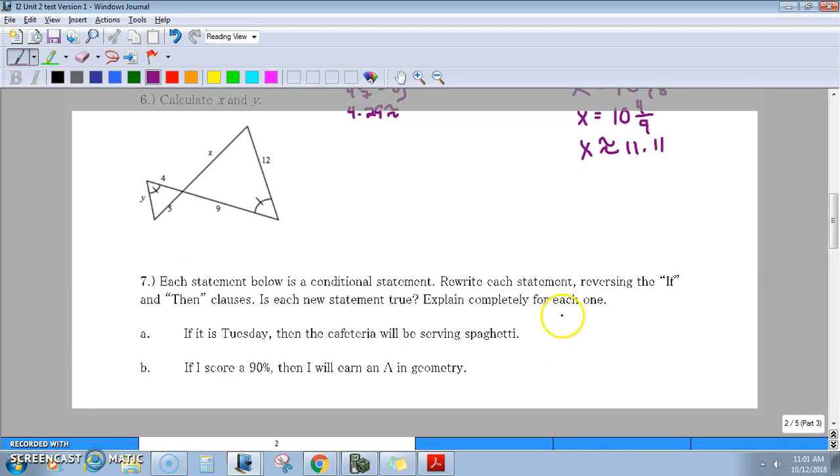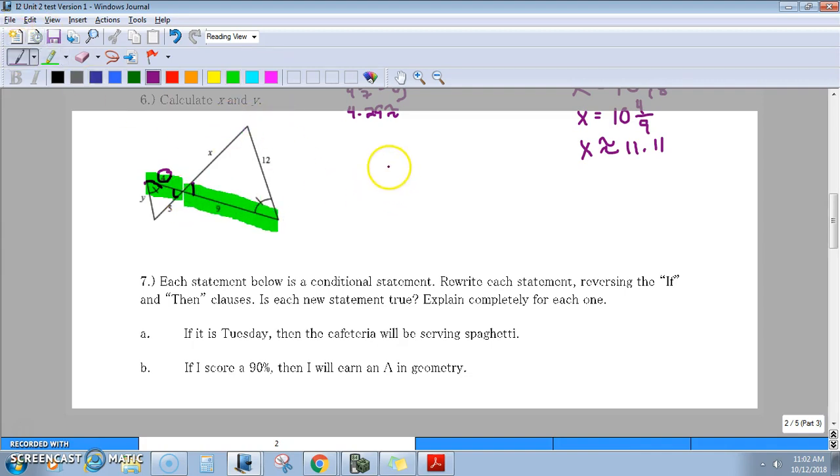All right, for this next one, you just need to be very careful to make sure that you are finding your corresponding sides. Since we have the vertical angles here, these are going to be the same, right? And since 4 is in between those two angles, this side will correspond with 9 because it's in between those same two angles.